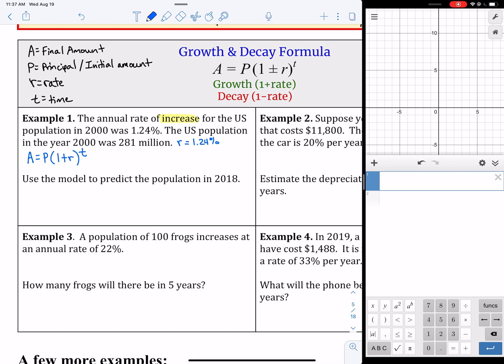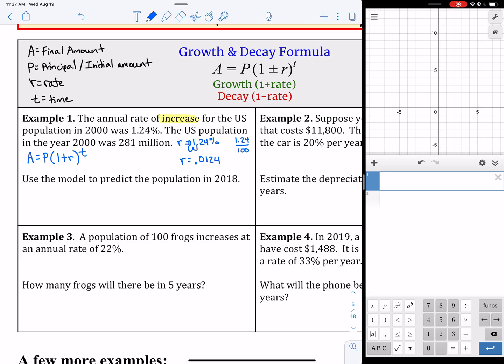So you can just move the decimal over 2 places to the left. So it'll be 0.0124. You can also take the 1.24 and divide it by 100, and it will do the same thing. But you want to make your rate into a decimal. That is very important. It's just because our calculators don't handle percentages. So we must make the rate into a decimal.